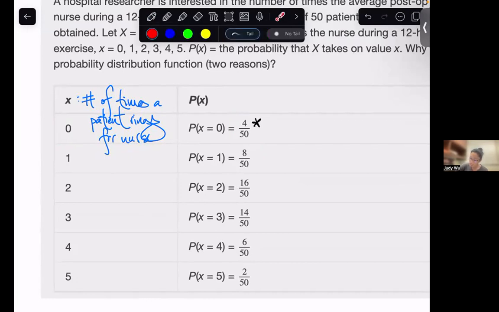And if we look at the second one, it says P of 1 is 8 over 50. And what that means is that 8 patients out of the 50 rang the bell 1 time for the nurse during the 12-hour shift.